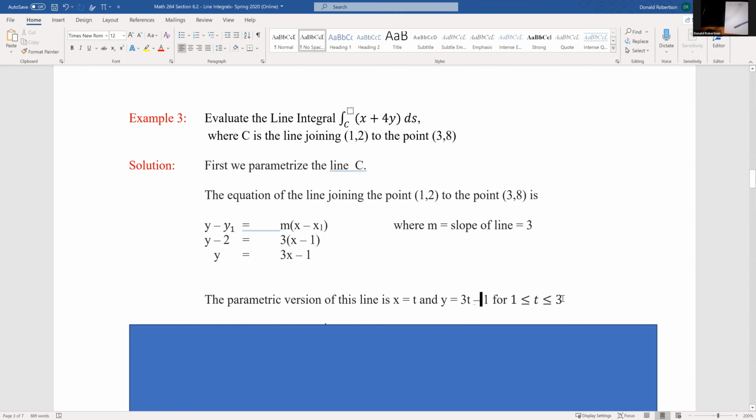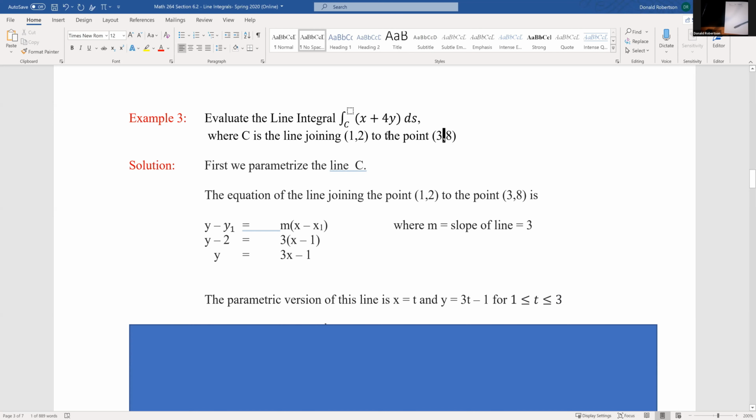That makes sense? Now, here's a little issue. We also need to know that t goes from 1 to 3. Where did that come from? I mean, I pulled it out of mid-air and said, here it is. But where did it come from? Is it because you set t equal to x, and x goes from 1 to 3?